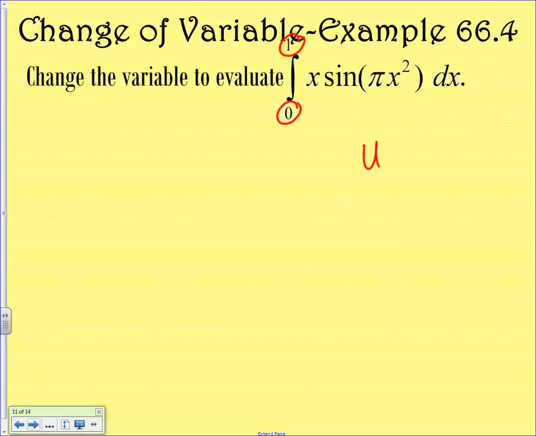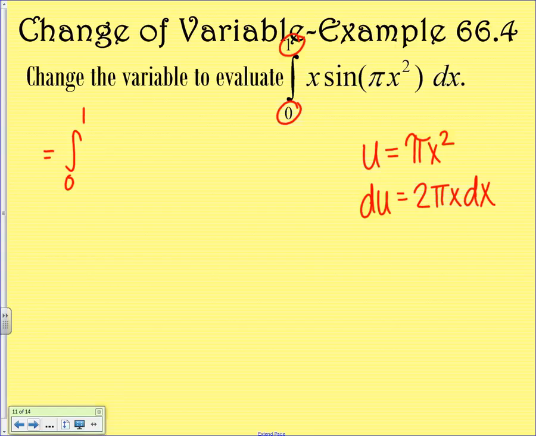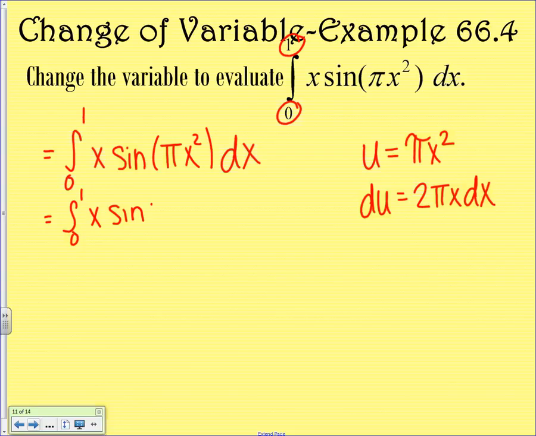So we're going to have u equals pi x squared, and so du is going to be 2 pi x dx. So we're going to come over here. We're integrating from 0 to 1, x sine of pi x squared dx. And so instead of pi x squared, we can make it a u.